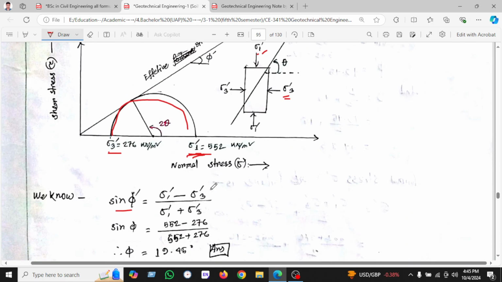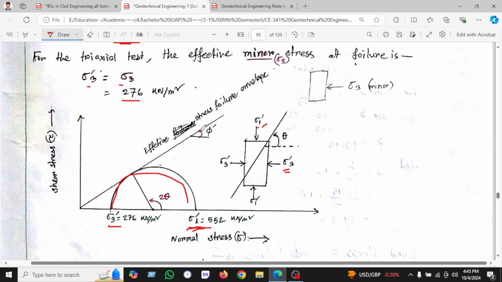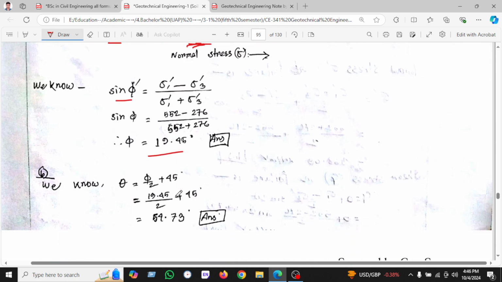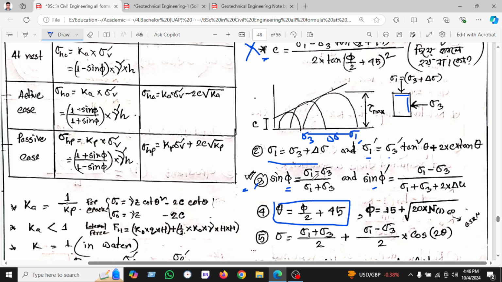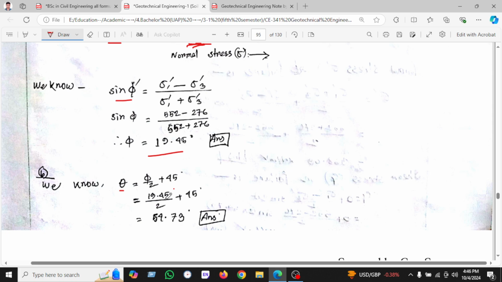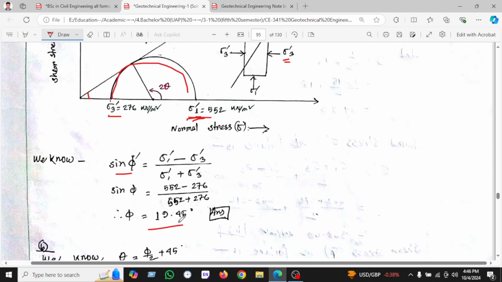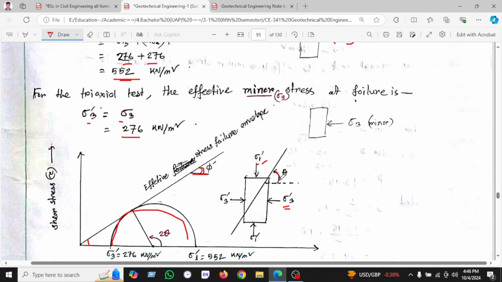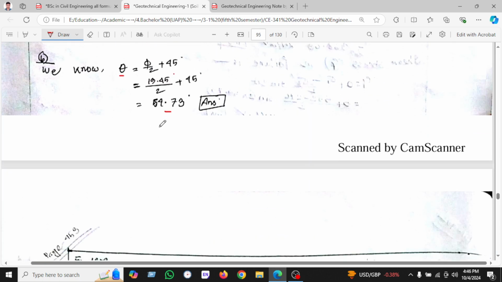So this angle is phi, and theta equals 45 plus phi by 2. If we go to the formula sheet, number 4, we found 54.73. This will be 2 theta, and this is the theta. So we have found 54.73.